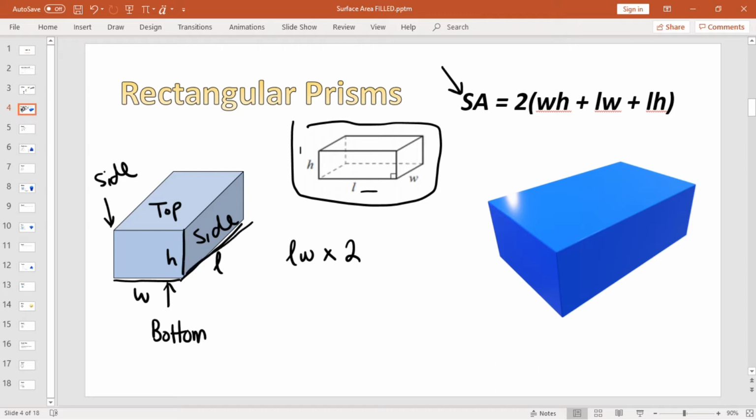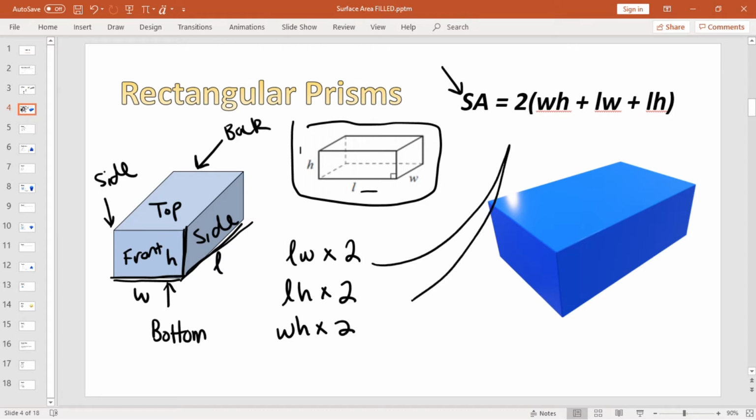Using L again, but this time using H. And then we have a front that we see, and a back that we don't see, but they are the same dimensions. And they are W times H, times 2. You put that together, you're back to our surface area formula. And this little guy here doesn't rotate because I'm not using the slideshow version of PowerPoint right now, but if you go to the slides, you can make this guy spin around if the slides are downloaded.